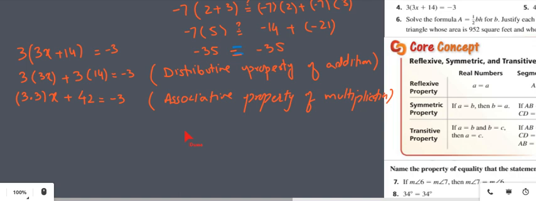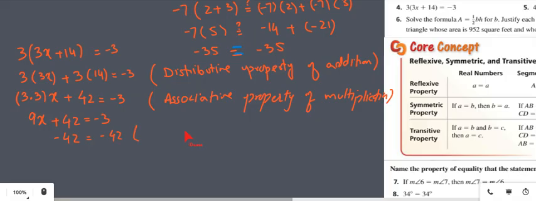Is it clear? Now 3 times 3 becomes 9x. Let me correct it. Plus 42. The result is negative 3. Now I have to subtract 42 from both sides.